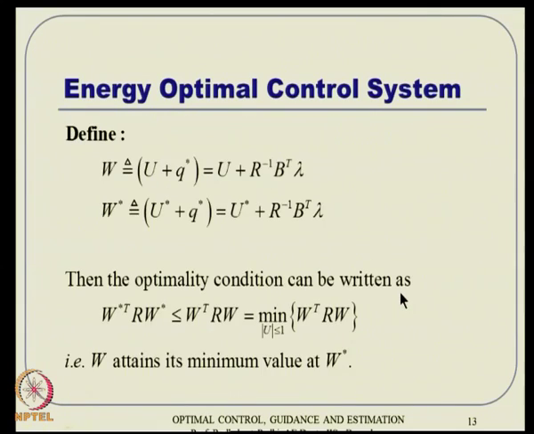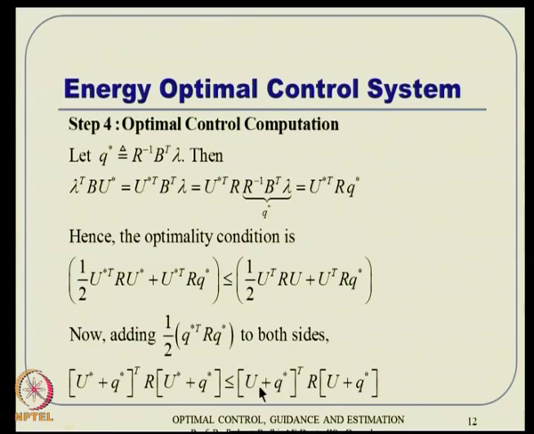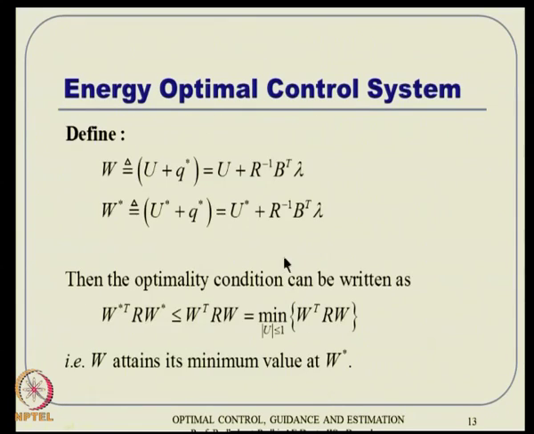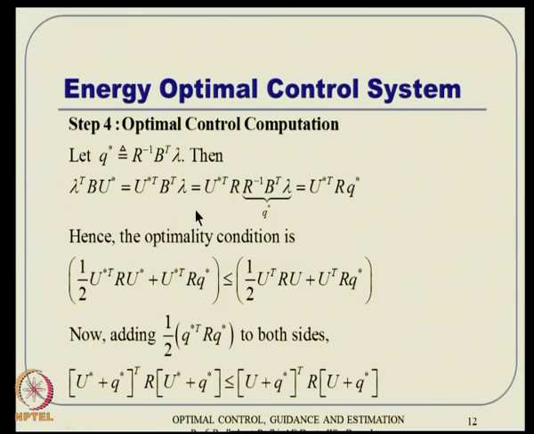All right. Now, for algebraic simplicity we define this term, u plus q star, as w, and w star is u star plus q star. So, what you see is u plus q star here, and u star plus q star here.